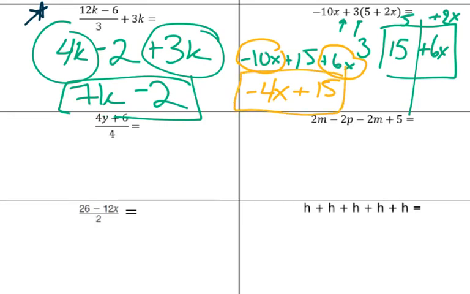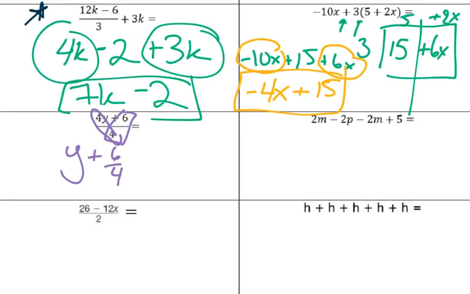Next up, we should have y, because 4 divided by 4 is 1, plus 6/4. I can leave it as a fraction, but this is not the most simplified fraction, and you know that you always have to simplify down as much as you can.